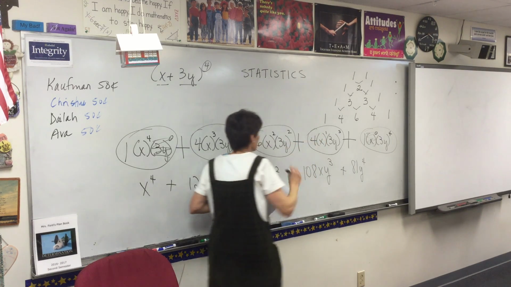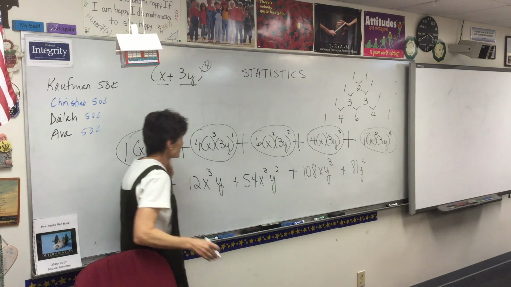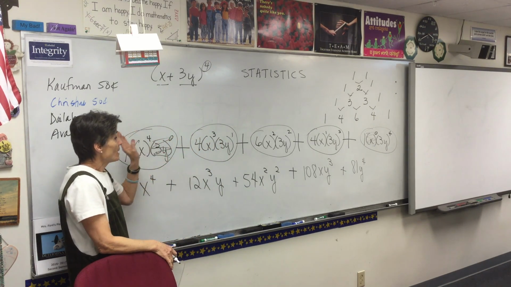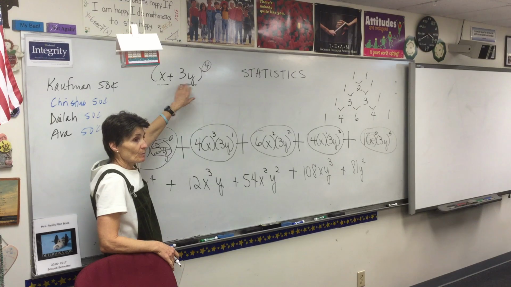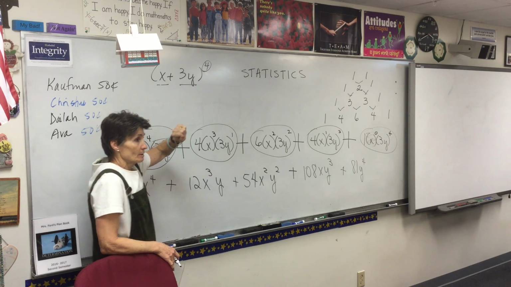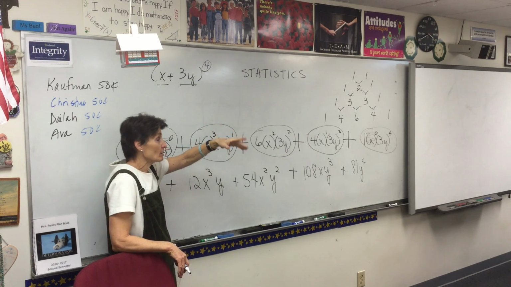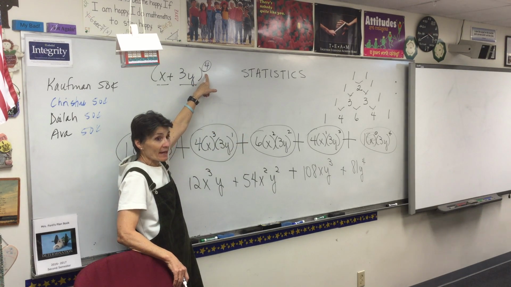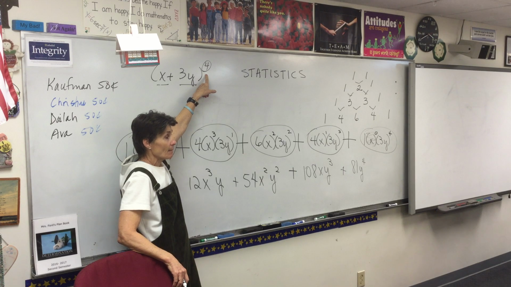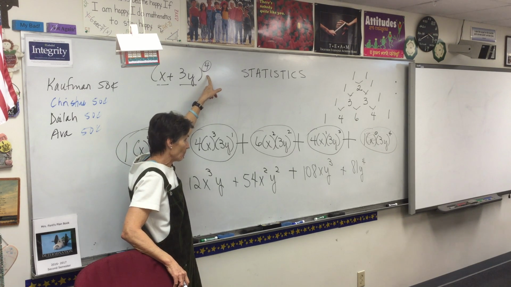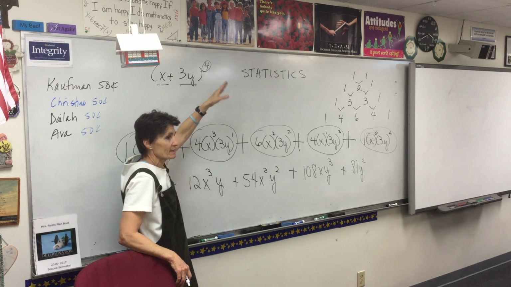So just to recap, there are just a few steps to this problem. How did we start it? What did we do first? Right off the Pascal triangle. Yep, write out the row of the triangle, and you know which row to use by that exponent, right? I'm not going to give you like to the 10th power or something. It's going to be a small number like this.